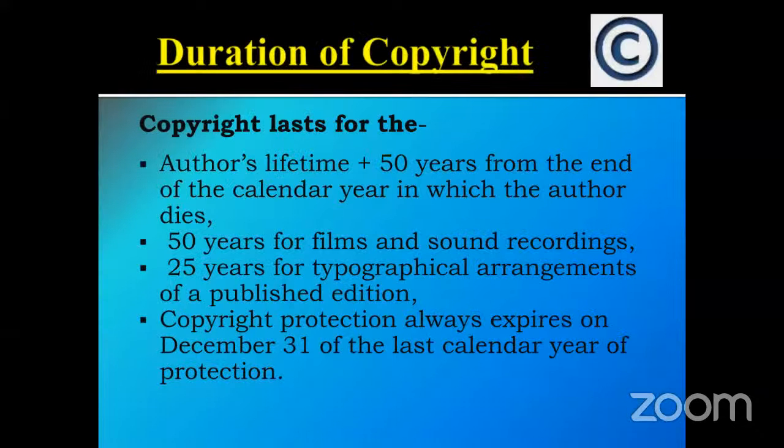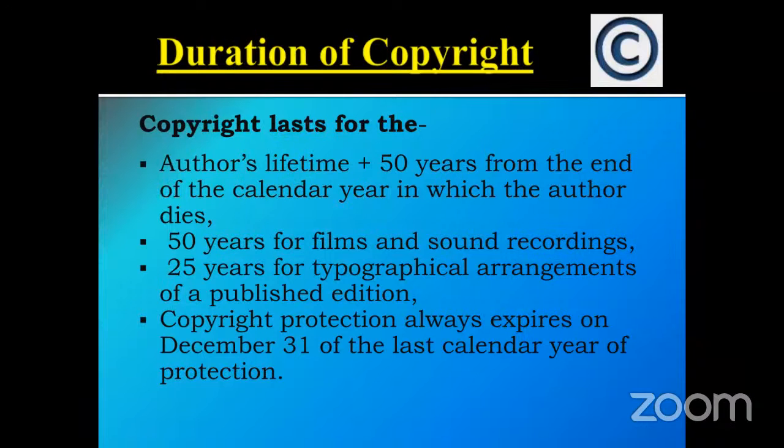So what is the duration of copyright? Suppose I have written a book, so I have rights to that book for my lifetime. The term is the author's lifetime plus 50 years from the end of the calendar year in which the author dies.